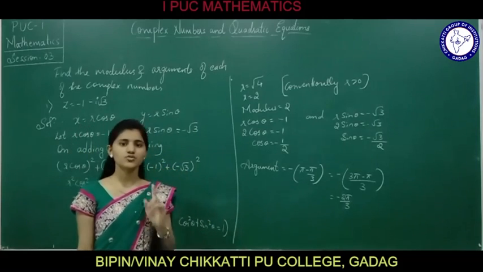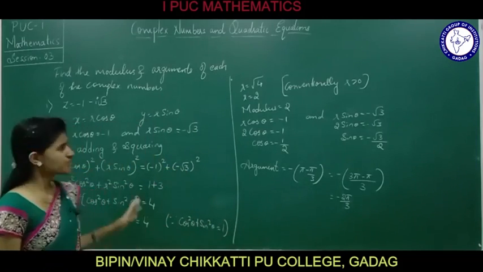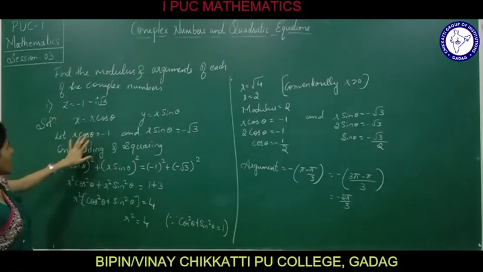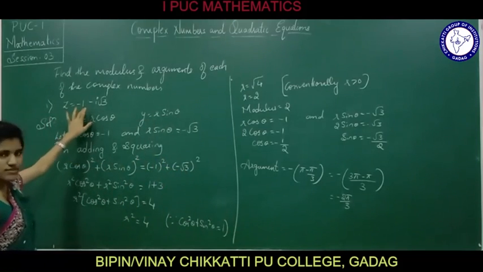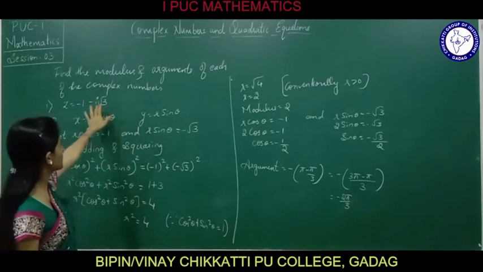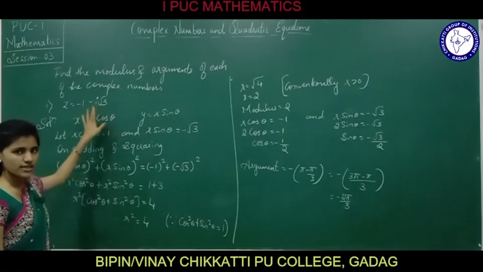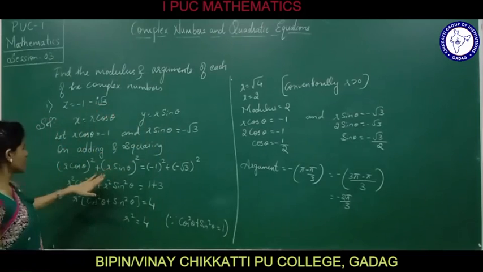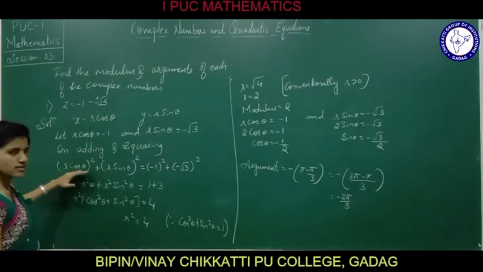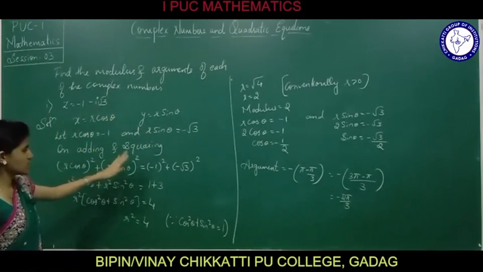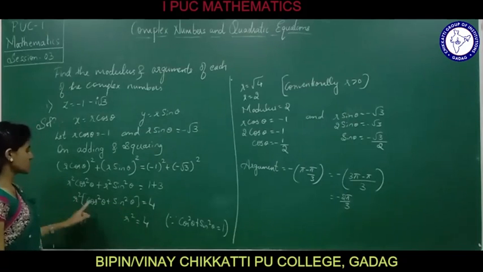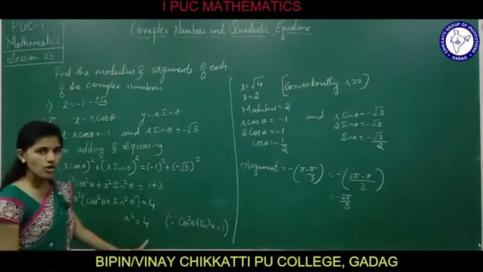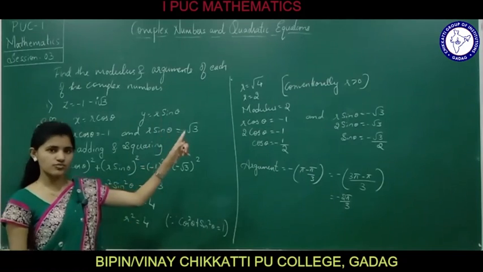I hope students you all have followed. What we have done is we have just compared. r cos theta will be equal to minus 1 and r sin theta will be equal to minus root 3. Squaring and adding, we got r square cos square theta plus r square sin square theta, and r square is equal to 4. We got r as 2, which is the modulus.